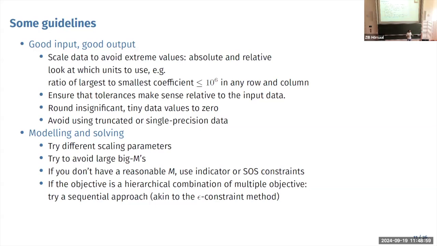However, this can lead to very large coefficients in the objective function. And this again can bring the simplex method or the LP solver that you use into trouble. Another approach to consider here is to actually split this up into really different optimization problems with different objective functions that you can solve sequentially.